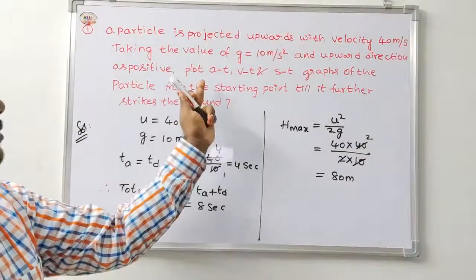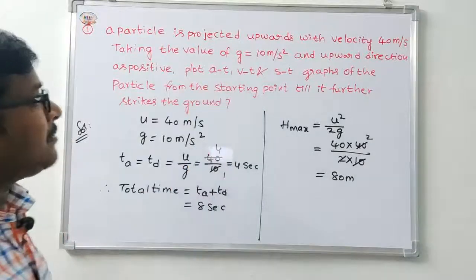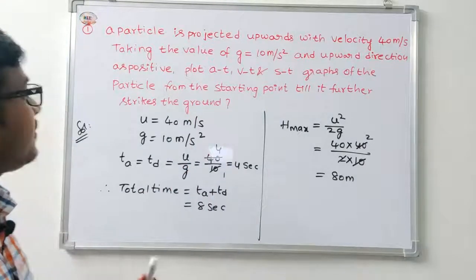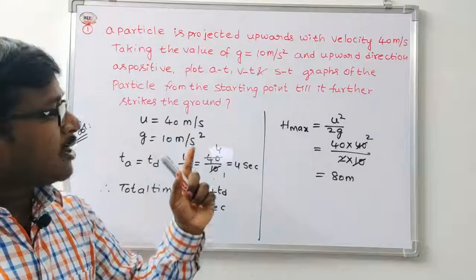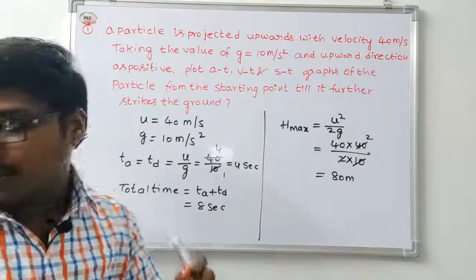Then plot the different types of graph: acceleration time, velocity time and displacement time graph of the particle from the starting point till it strikes the ground.